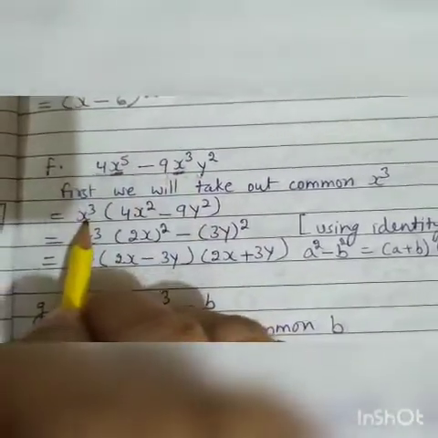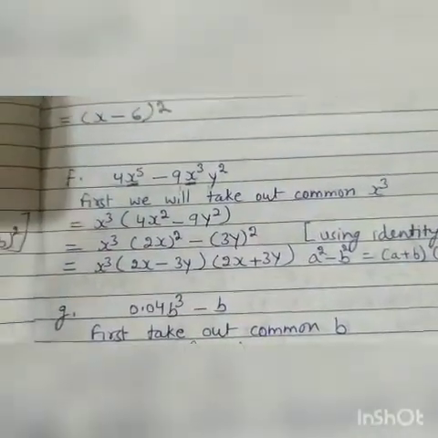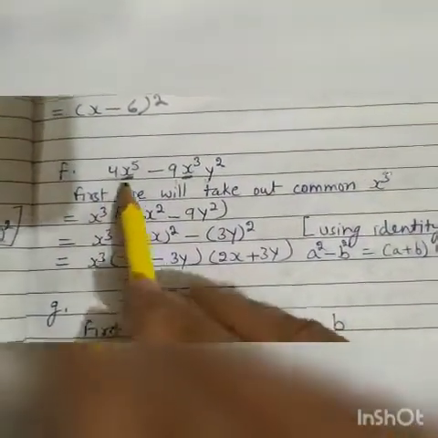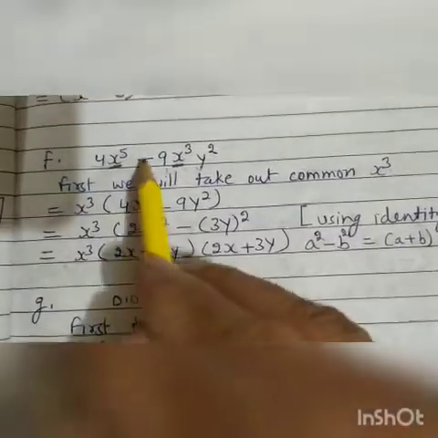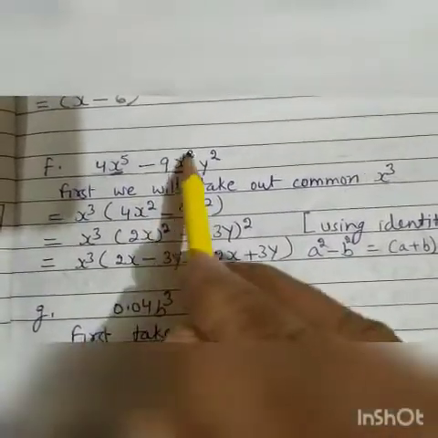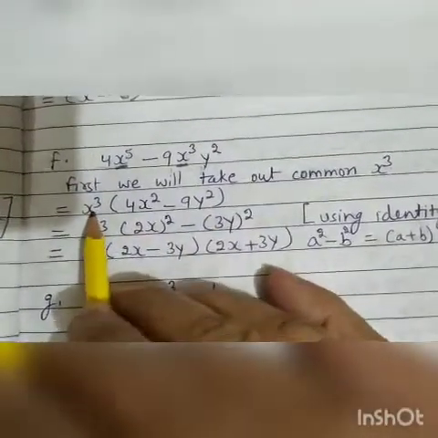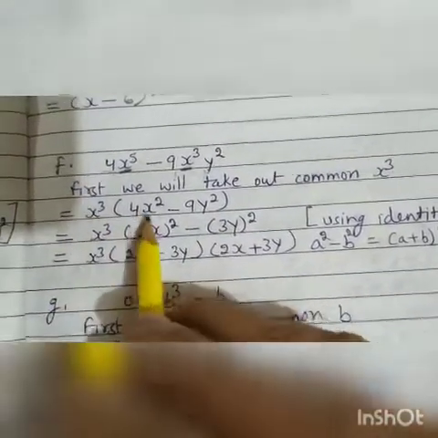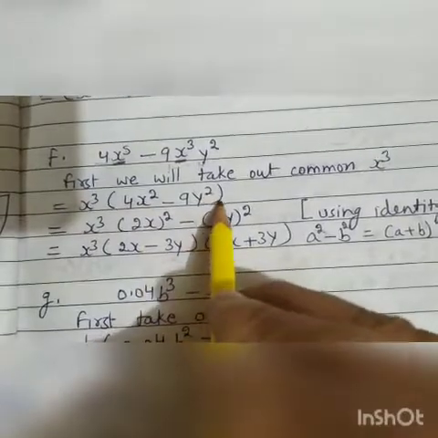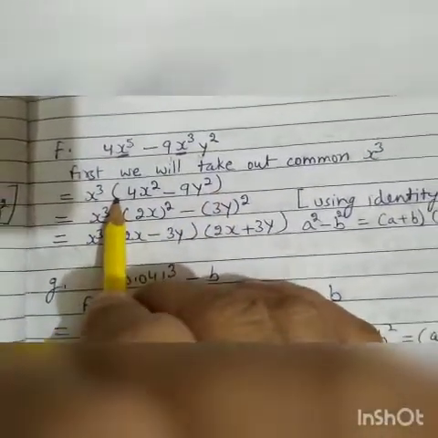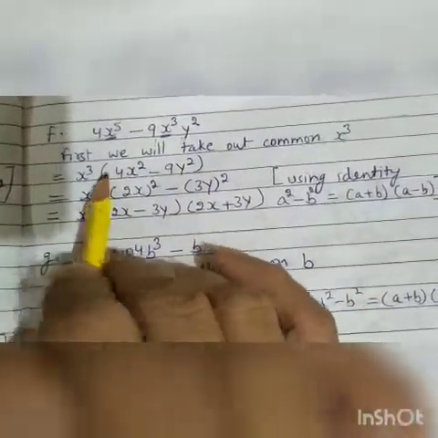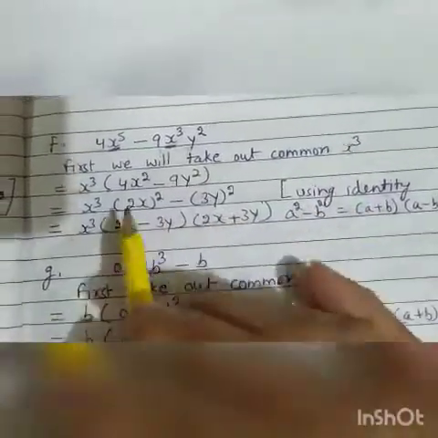So first we will take x power 3 as common, then 4x square is left from here, minus 9, x power 3 cancels, y power 2 from here. Means if we take x power 3 as common, then 4x square minus 9y square is the remainder, or we can say the quotient.